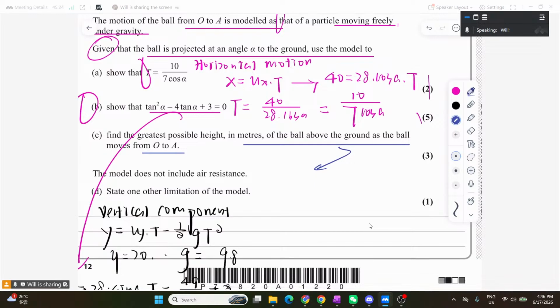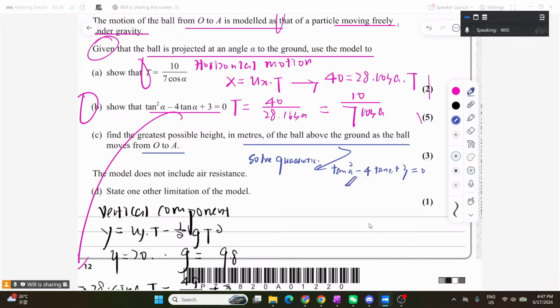Like we need to solve the quadratic, right? We need to solve the quadratic. Solve the quadratic: tangent alpha squared minus 4 times tangent alpha plus 3 equals 0, right? And then we can factorize.